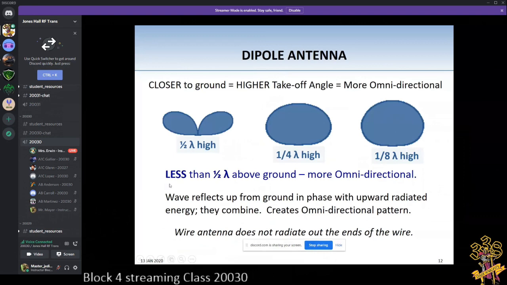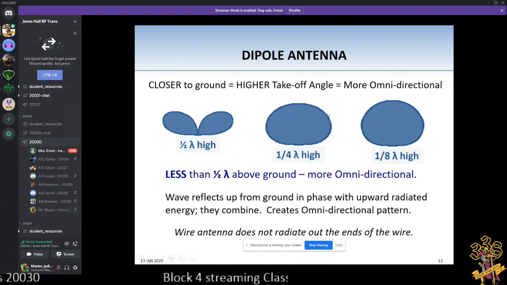So here, when you are quarter wave high or an 1/8 wave high or anything less than a half wave high, then the wave reflecting up from the ground is going to be in phase with your upward radiating signal.